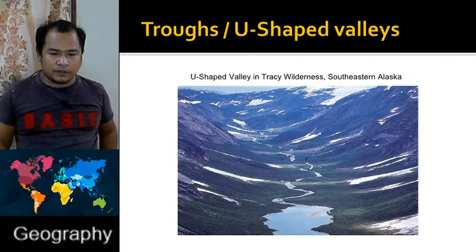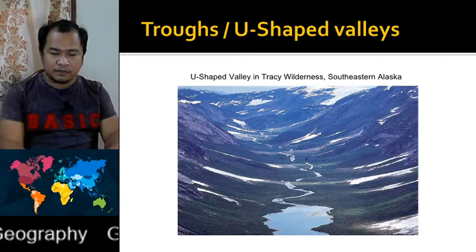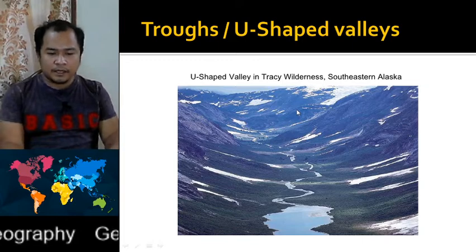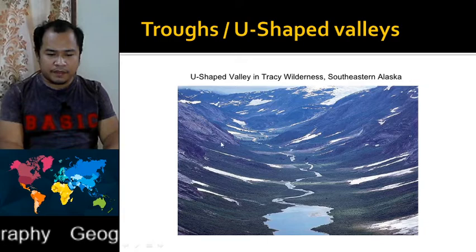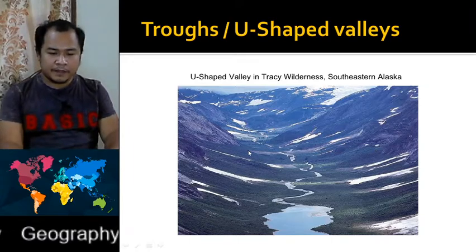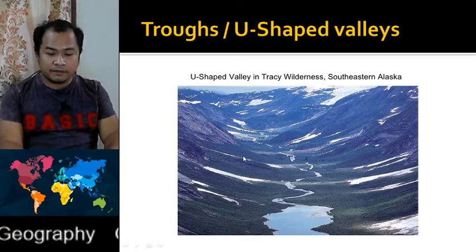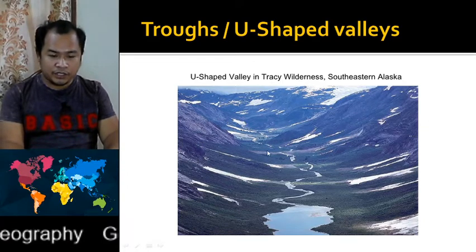Okay, so troughs or the U-shaped valleys. If you could imagine this photo being in the glacial period, this is filled with ice, and then the ice would move down. And right now, because we are in the interglacial period, there is no ice, and the ice has already melted, leaving this very smooth curve like a U-shaped valley.